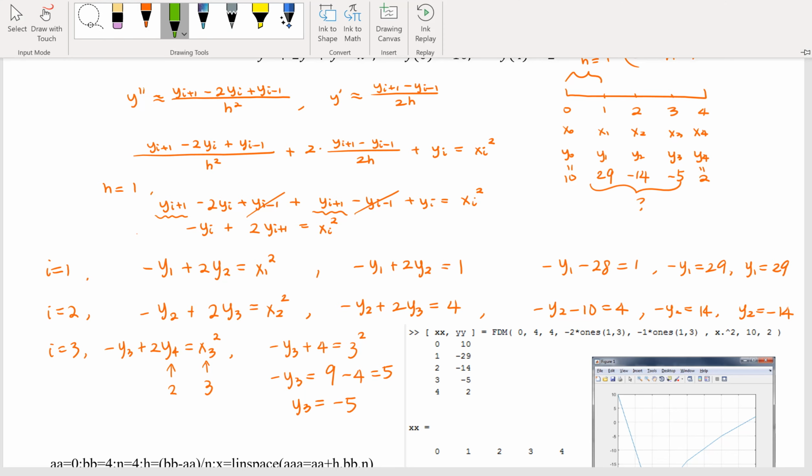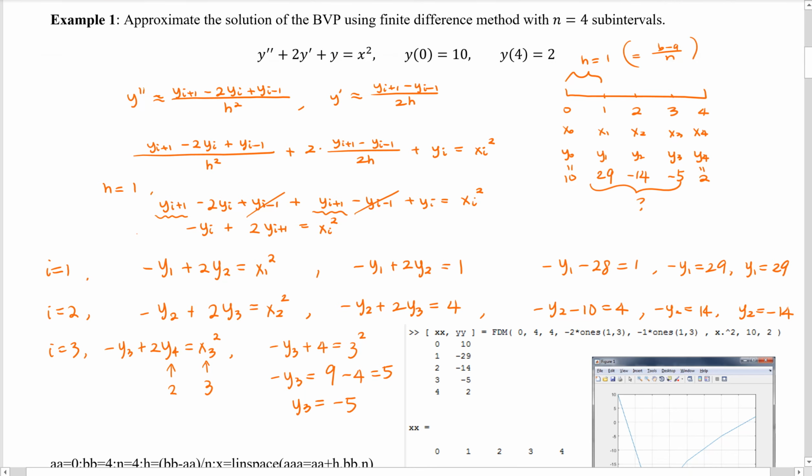Okay, actually, you can also use a matrix to solve y1, y2, y3. How? Look at the first equations. You can get an augmented coefficient matrix, right? You want to have A times y equals the right hand side.